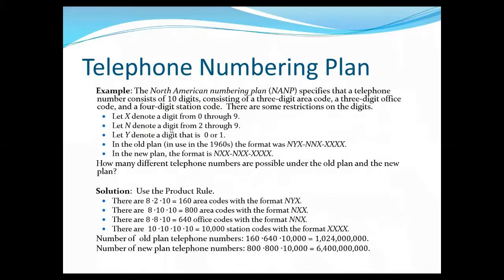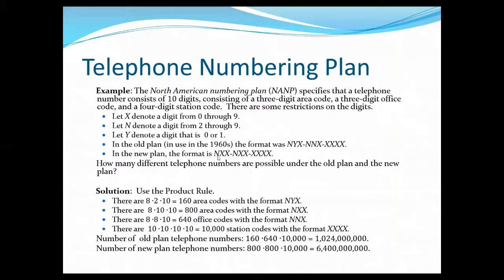N is 2 to 9, so we have 8 possible ways, times Y, which has only 2 ways, times X, 0 to 9, which has 10 ways. So for the old area code, we have 8 times 2 times 10, which is equivalent to 160. So we have 160 area codes for the old plan.